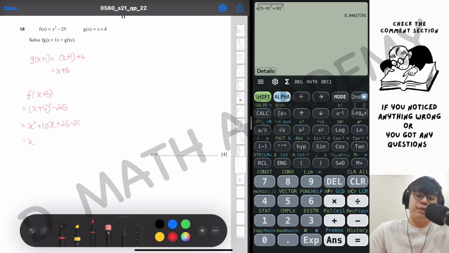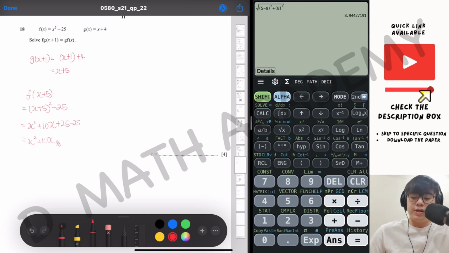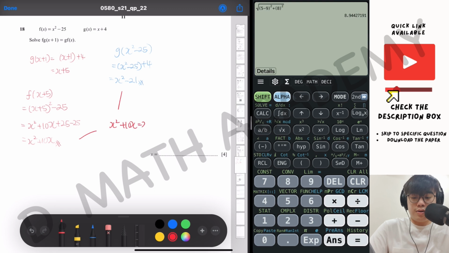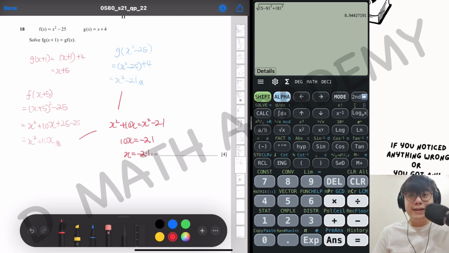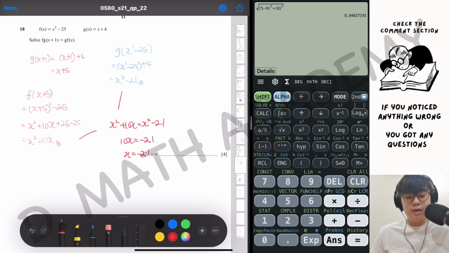So you have x squared plus 10x at the end. On the other side, you will have this g, replace the f(x) with what you have there. Then when you sub in this and replace the x accordingly, this will be your final answer. Okay, set up these two together. So your final answer for x will be negative 2.1.